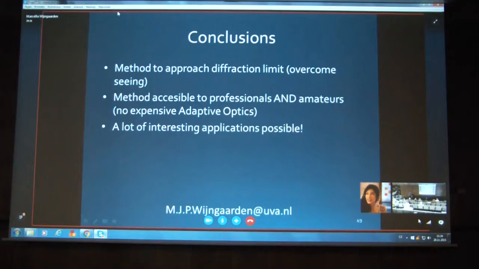it depends on the system that you want to observe. For example, for wider binaries, it's better to use smaller Airy disks than for closer binaries. But often with amateur systems, and also actually with professional systems, you are limited to the instrument you have.